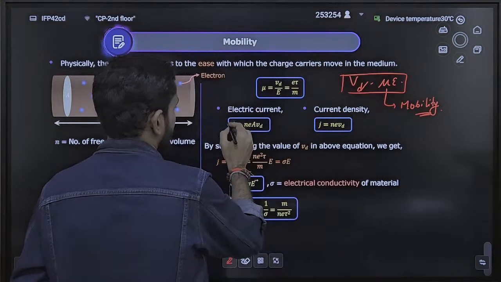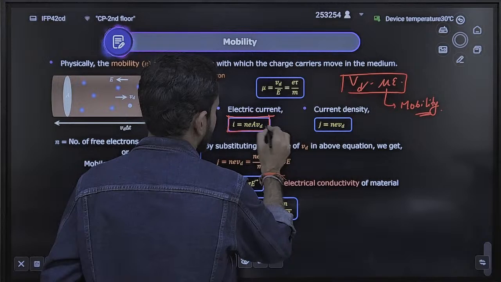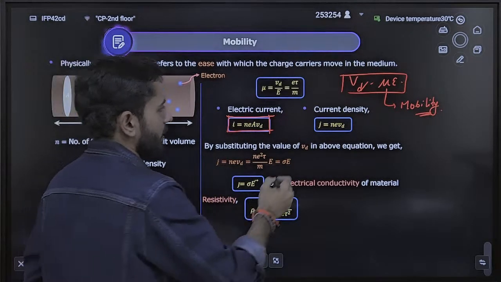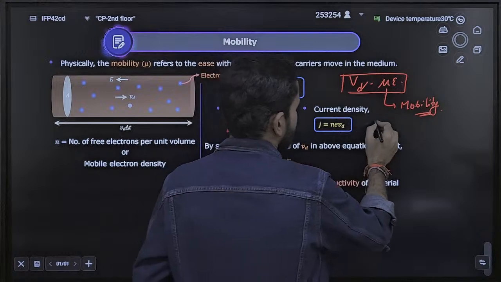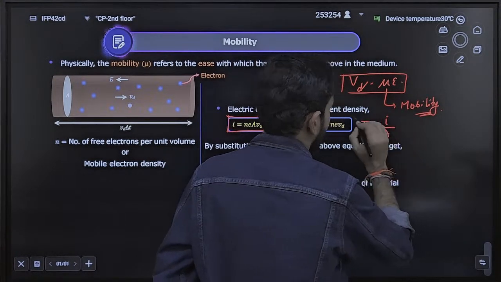Now some more formulas. Current is defined as n e A v_d, a very important formula. What is J? Current density. Current density can be said as current per unit area.